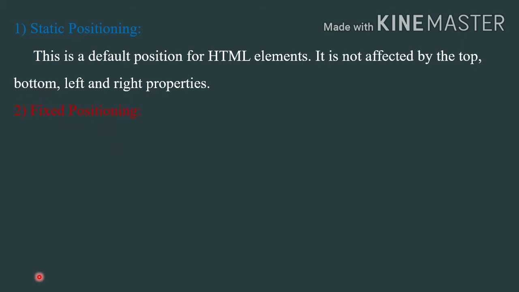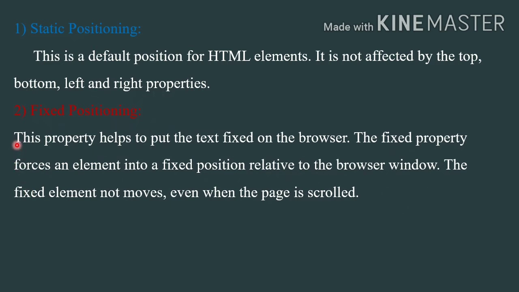Second type, fixed positioning. This property helps to put the text fixed on the browser. The fixed property forces an element into a fixed position relative to the browser window. The fixed element does not move even when the page is scrolled.